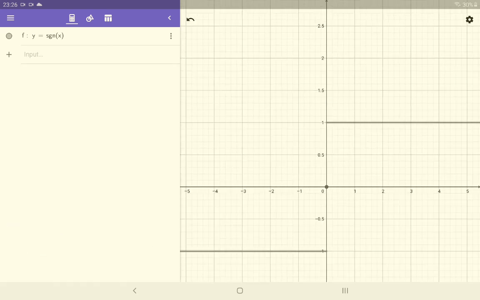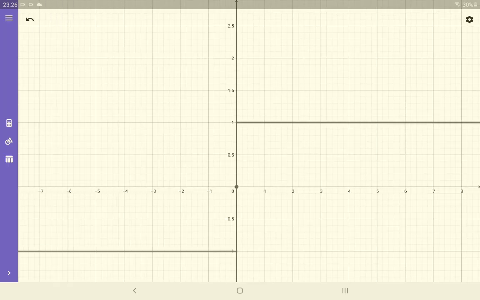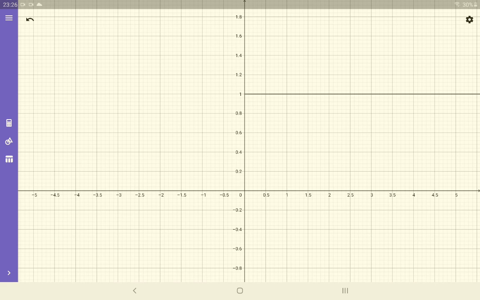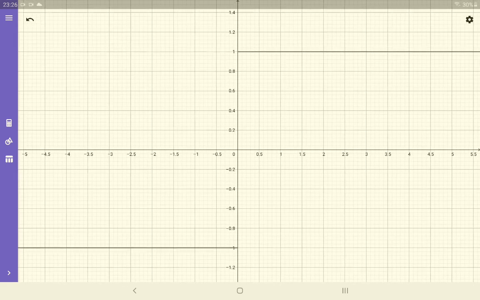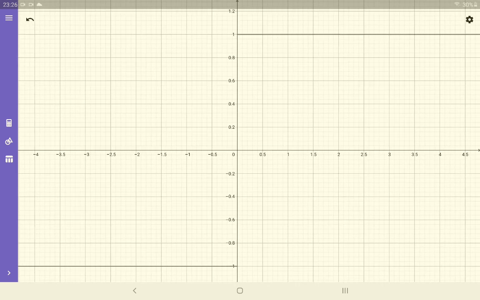See the graphical structure of the signum function. Here 1 and minus 1 are excluded. What is meant by the signum function?